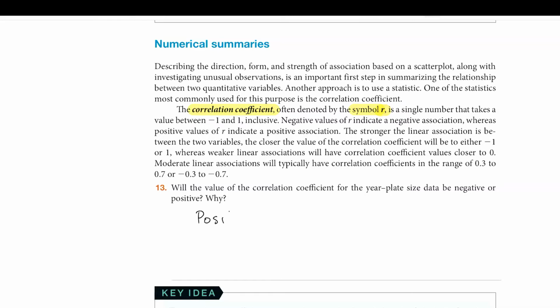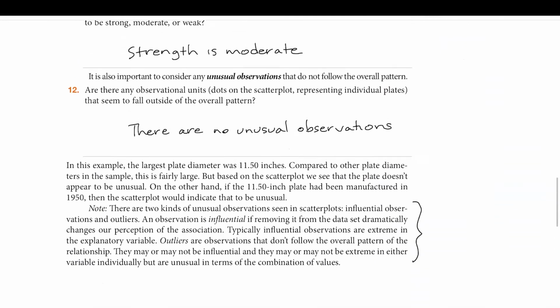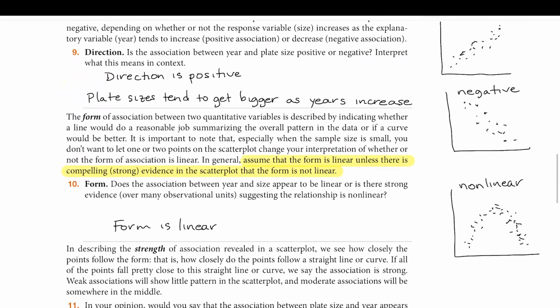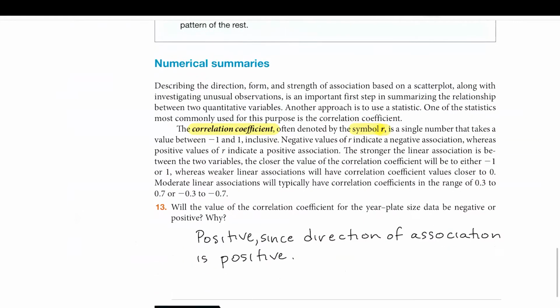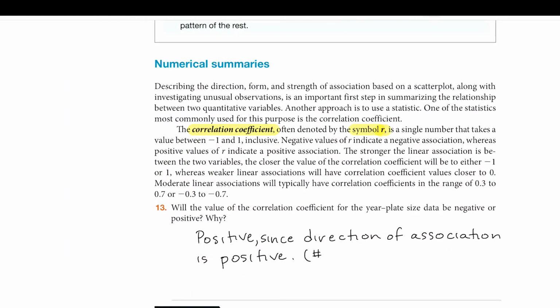So in number 13, it says, will the value of the correlation for the year plate size data be negative or positive? It will be positive, since we already said that the direction of the association is positive. We said that in number 9, so I'll just make a note here so you can look back at that.